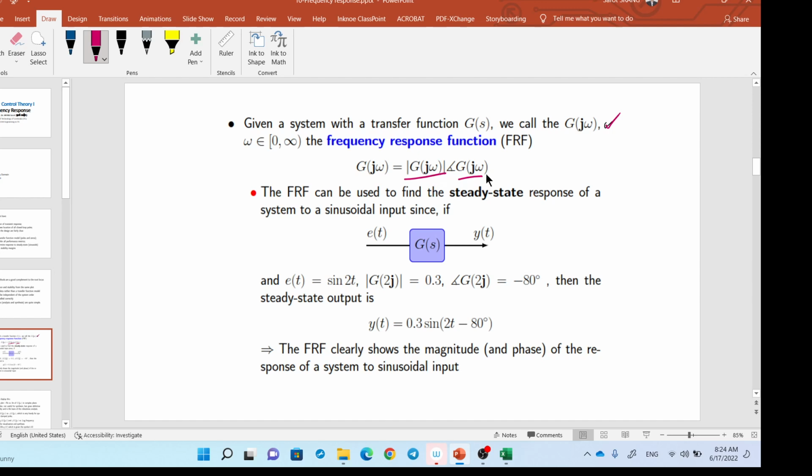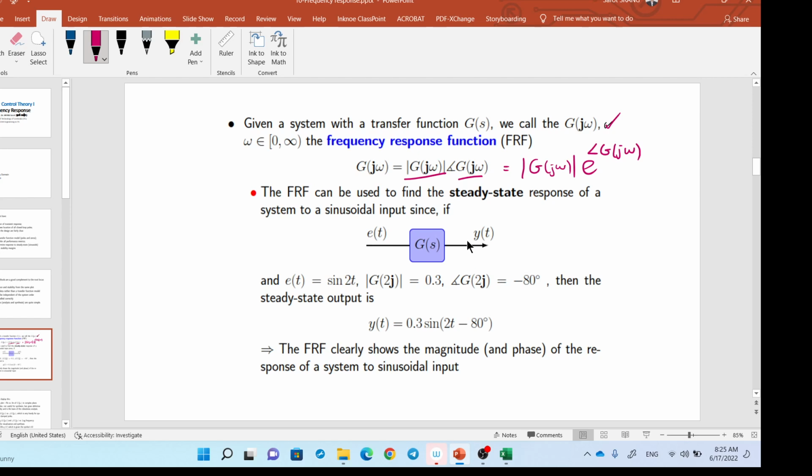So maybe you are more familiar with this exponential of the phase of G(jω).